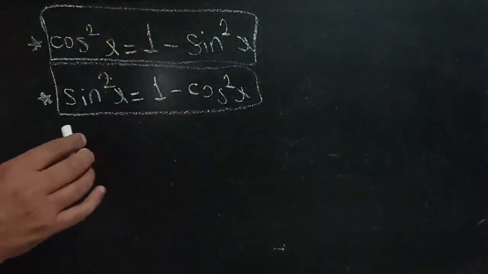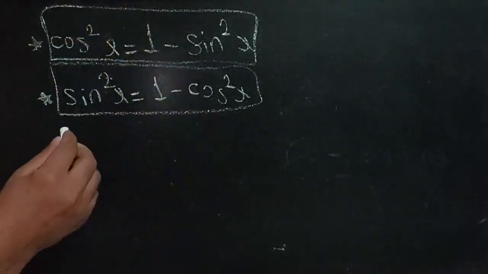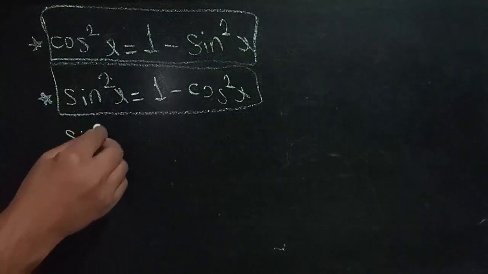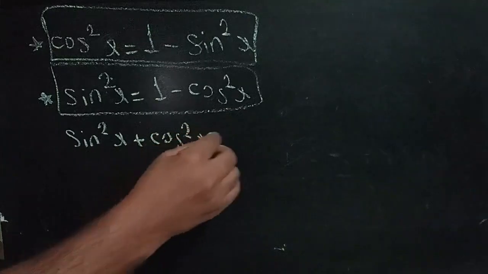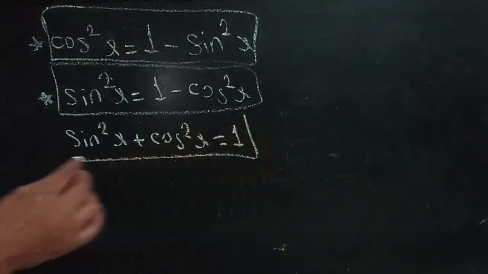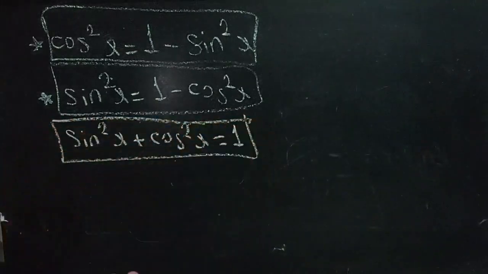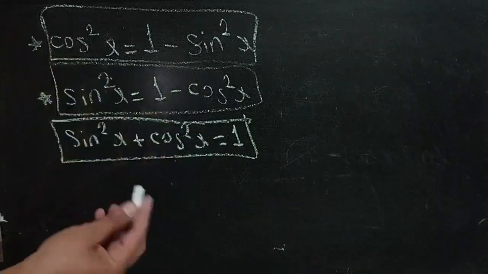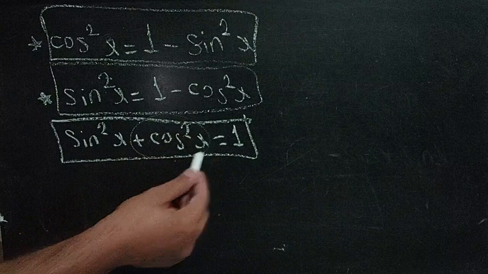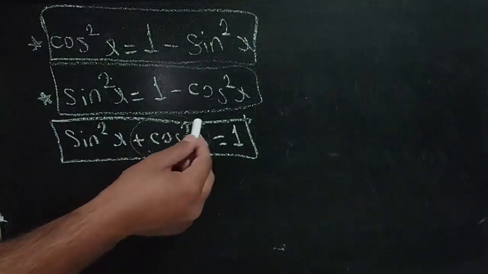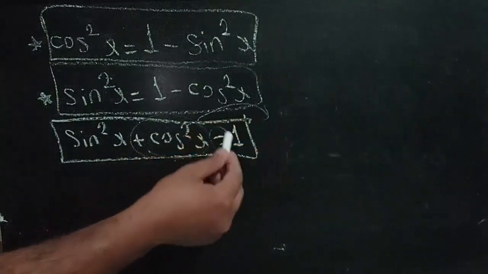To prove that, you should know this: sinus x square plus cosinus x square is 1. See, proof will be like that. To find sinus x square, you will take this cosinus x square to other side of equal sign.